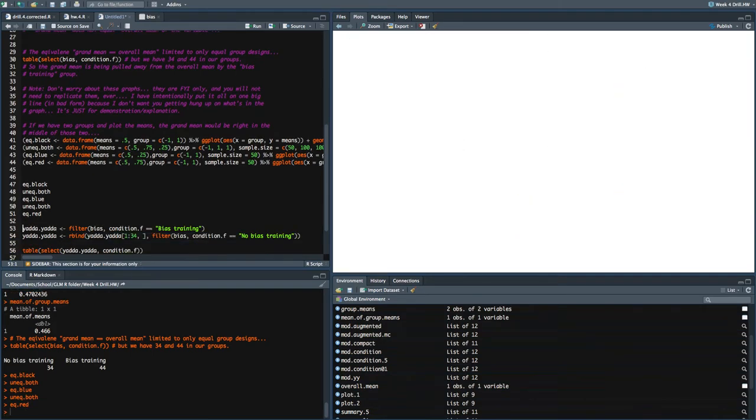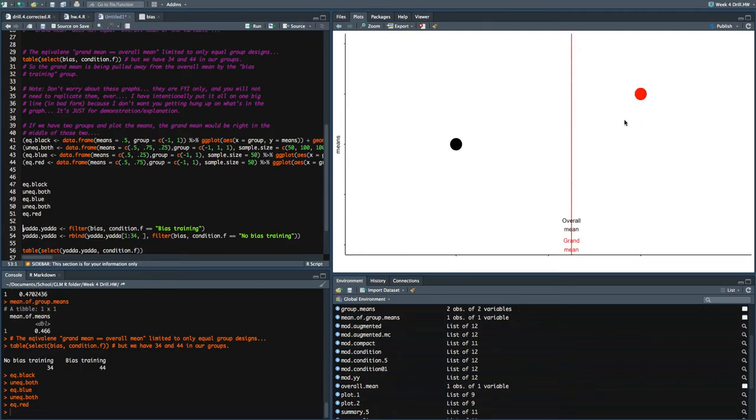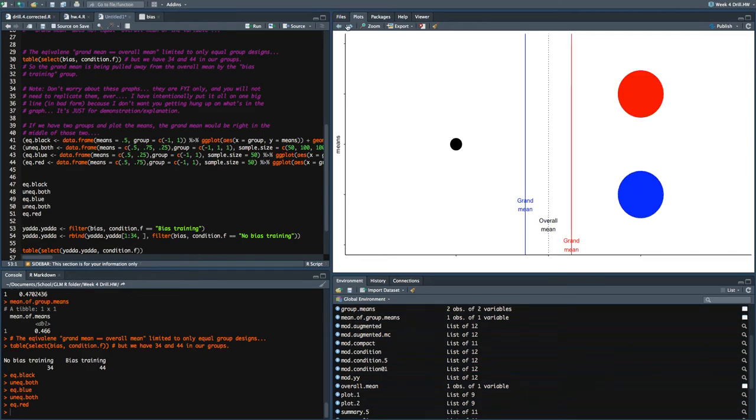But again, if it goes up this way, then your grand mean and your overall mean will be different. So if we cycle back and forth between these, you can see bigger sample size is going to push or pull your grand mean away from your overall mean. As long as they're the same sample sizes, then your grand mean will equal your overall mean.